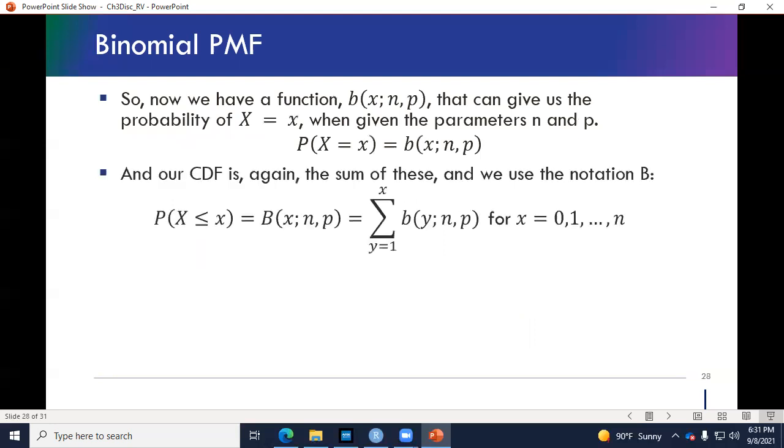Okay, so we want to get the CDF for a binomial distribution. Just following the definition of the CDF, it's a summation. When X is less than or equal to small x, we write it as capital B. That's the CDF, which is a summation of the probabilities of all events in this set.